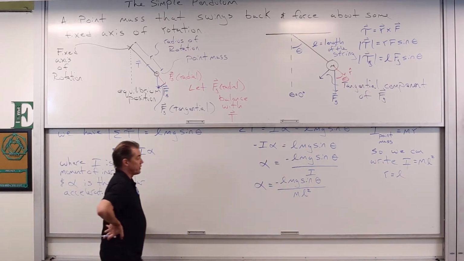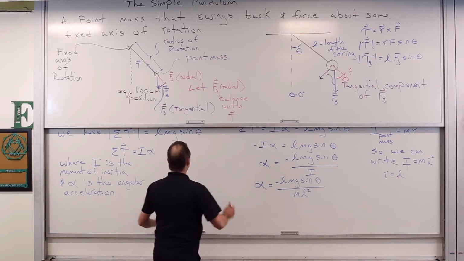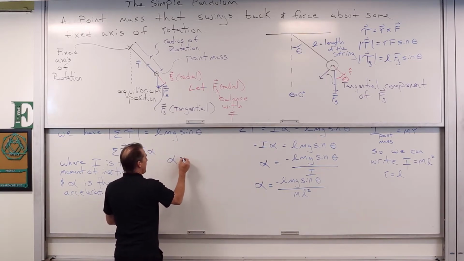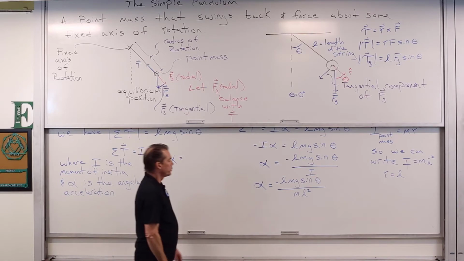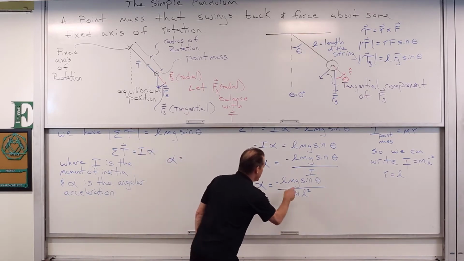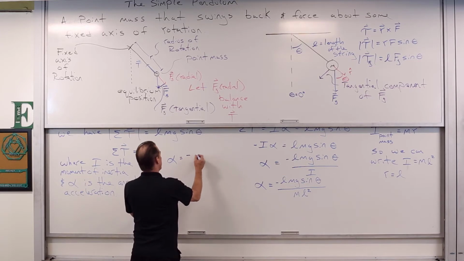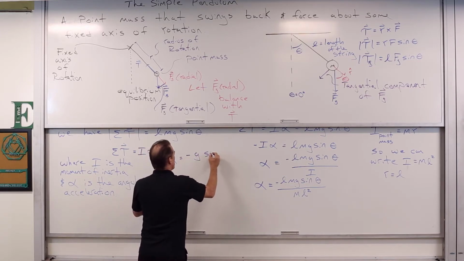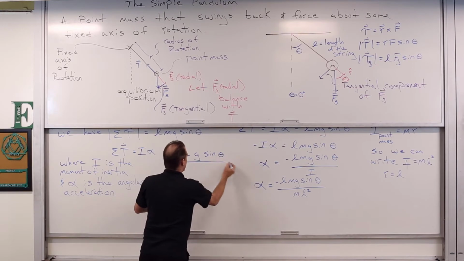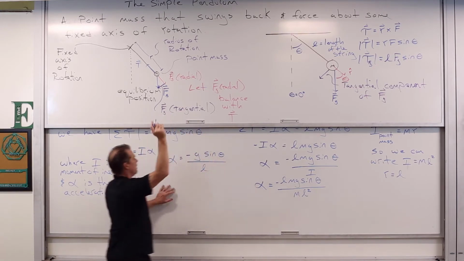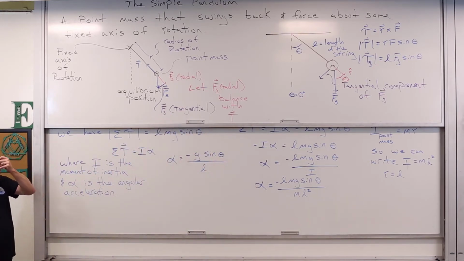One factor of L cancels out, and the mass cancels out as well, and we are left with alpha is equal to negative g sine theta divided by L. All right, there's the angular acceleration.